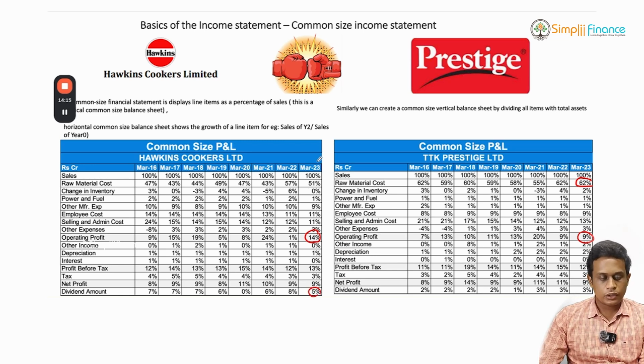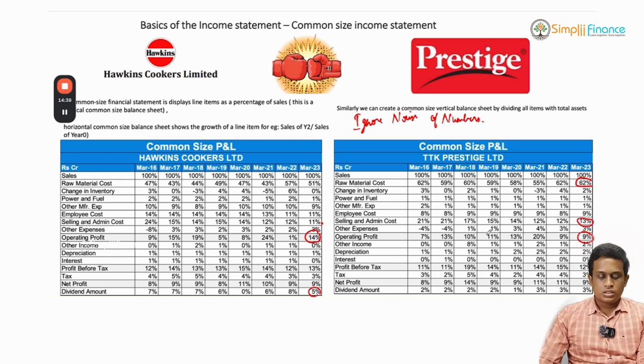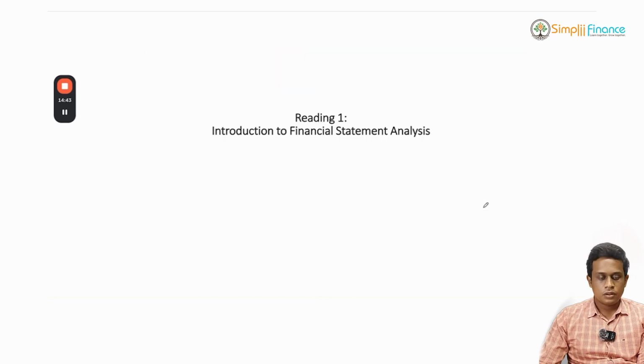So whatever we are trying to do here, we are trying to ignore the noise of numbers and just see everything from a relative aspect. And here you can see that in selling, Hawkins has spent almost 11%, but TTK Prestige is putting more on their selling expenses. So this throws some light rather than seeing just the absolute numbers.